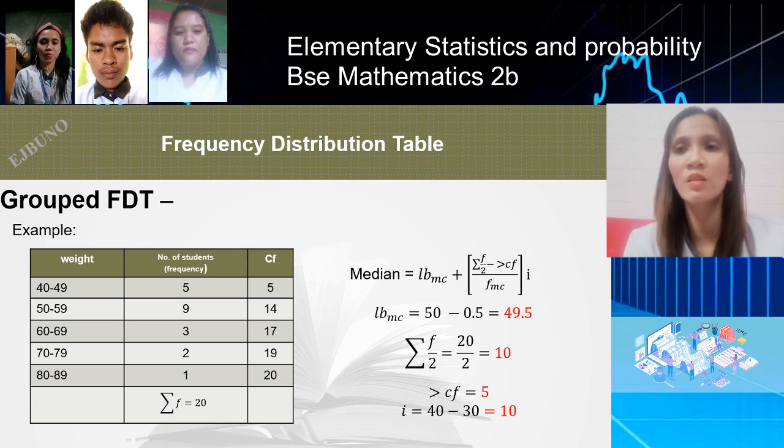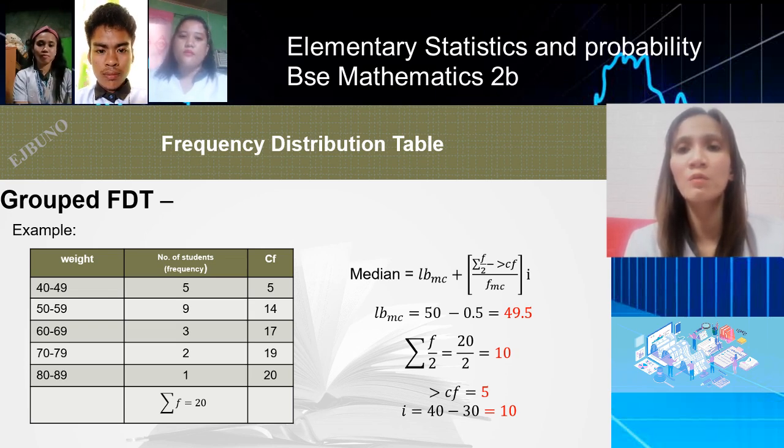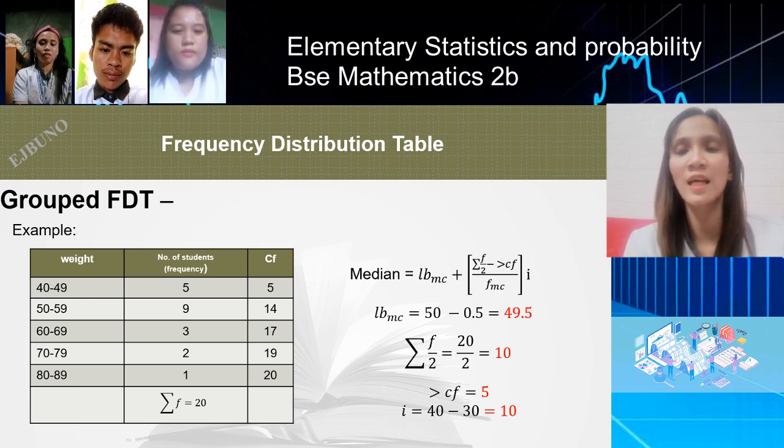So now we get the value of the lower boundary of the median class, which is 50 minus 0.5, and it is equal to 49.5. And then one half of the total frequency is equal to 10. Then our cumulative frequency of the lower class next to the median class is equal to 5.